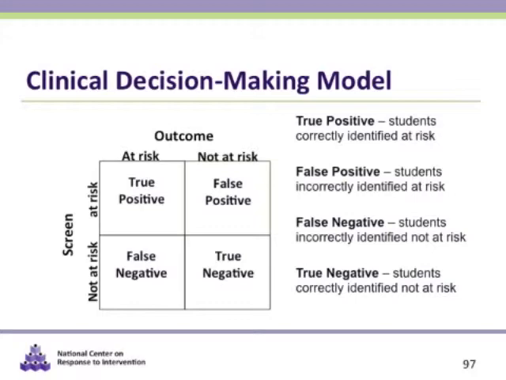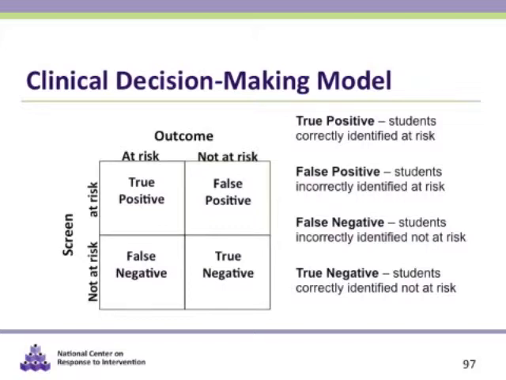Ideally, a screener would only indicate if a student was at risk or not at risk, like our categorical. But sometimes we get what are called false positives and false negatives. In this case, our screener identified the student as at risk, and on the outcome, they actually were at risk, which is true positives.